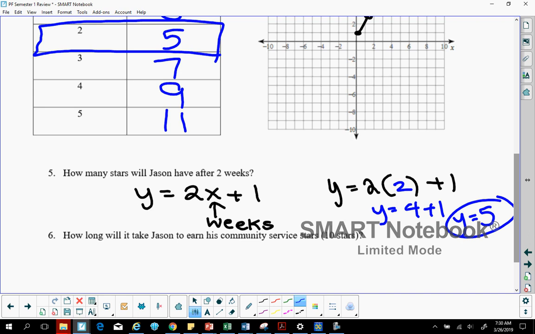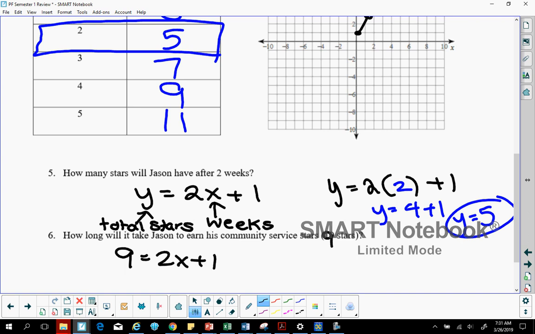How long will it take for him to earn his community service star? So he needs 9. Does it say 9 on your paper? 9, right? Okay. So he'll need 9 stars in order to get a community service award. If x is weeks, y is my total stars, so I can plug in 9 for y and solve for x.